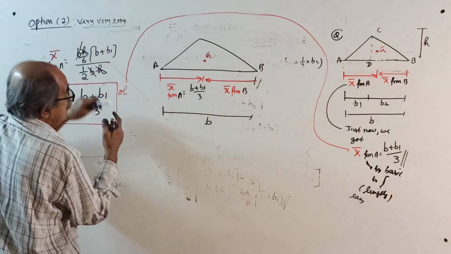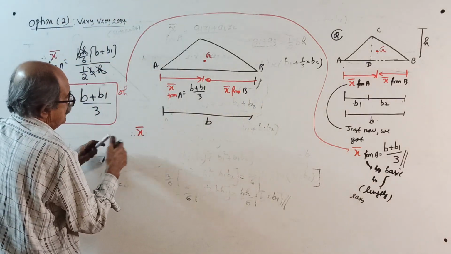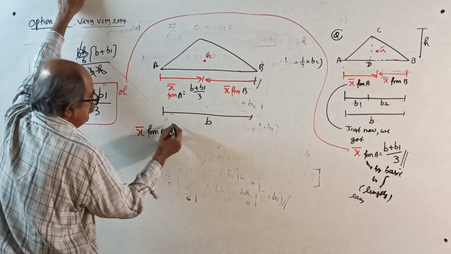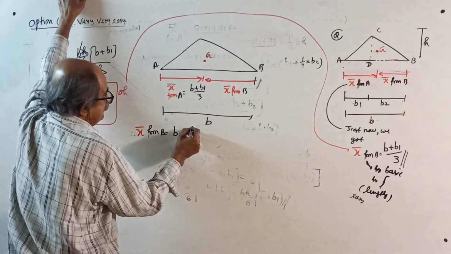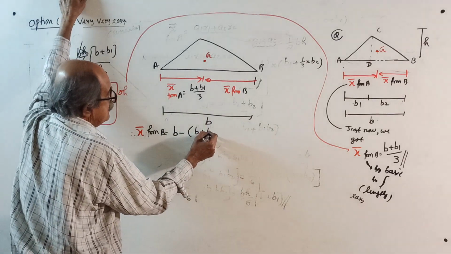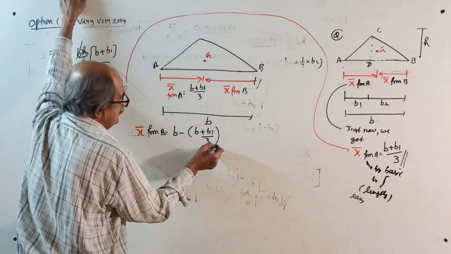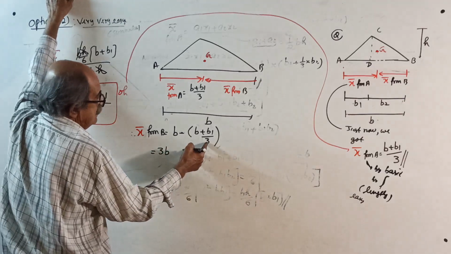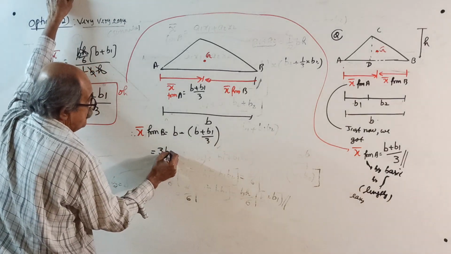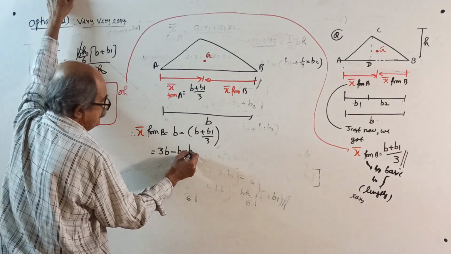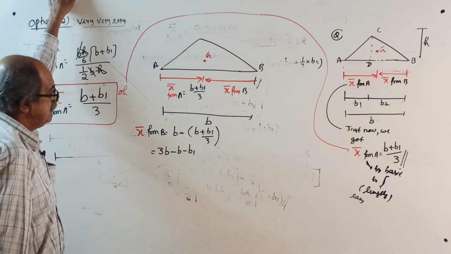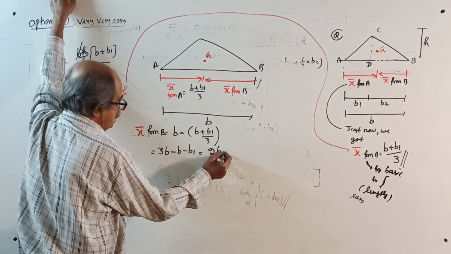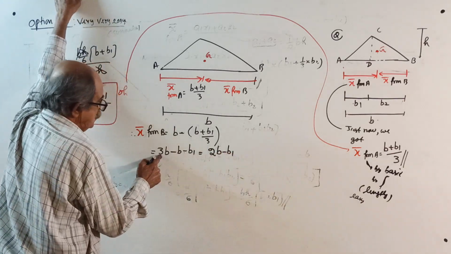Therefore, x bar from B equals total b minus (b plus b1) by 3, or equal to 3b minus b minus b1, which is 2b minus b1.